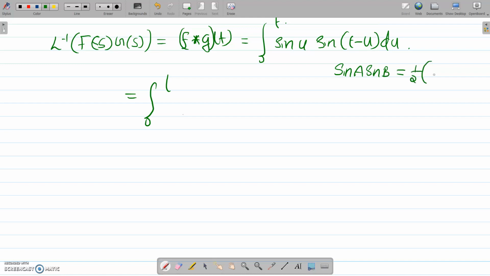What is sin a sin b? It is equal to 1 by 2 into cos of a minus b minus cos of a plus b, since cos of a minus b is cos a cos b plus sin a sin b. This is the expansion of sin a sin b.